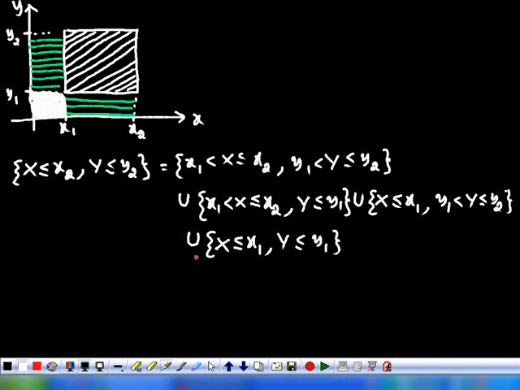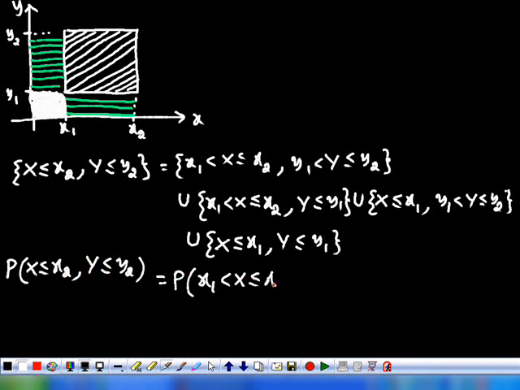From the diagram it is very clear. You can write this joint event as the union of 4 disjoint events. If you observe this, there is no intersection between those regions. All are mutually exclusive. Now take the probability on both sides. Probability of x less than or equivalent to x2, y less than or equivalent to y2 is equivalent to probability of x1 less than x less than or equivalent to x2, y1 less than y less than or equivalent to y2, the joint event, plus probability of the other events.